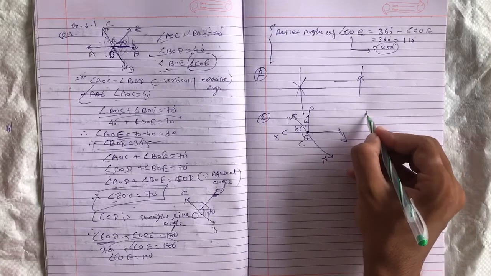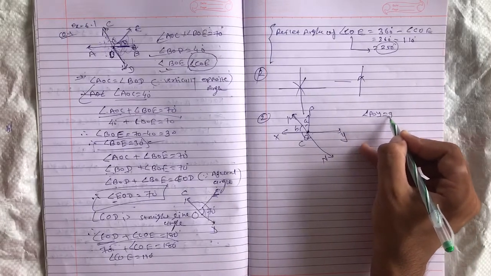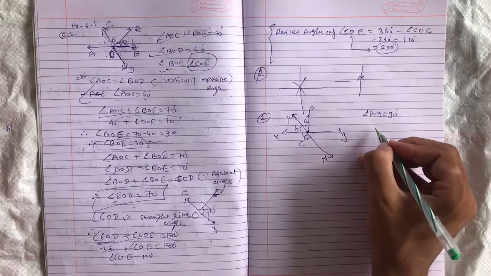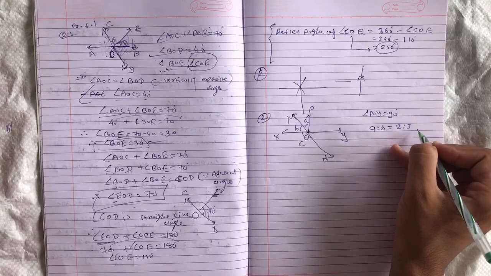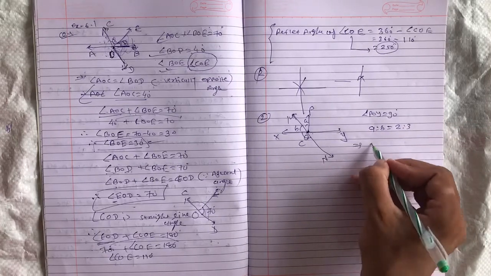Now in the question, angle POY is equal to 90 degrees, A ratio B is equal to 2 ratio 3, then find C.